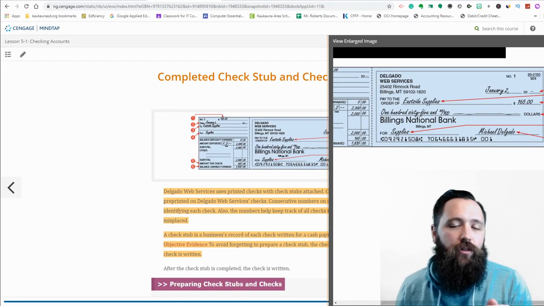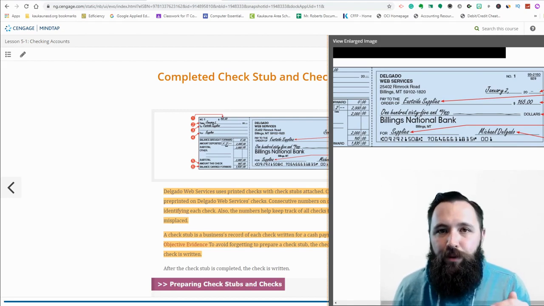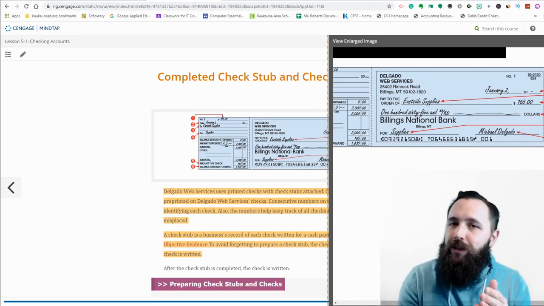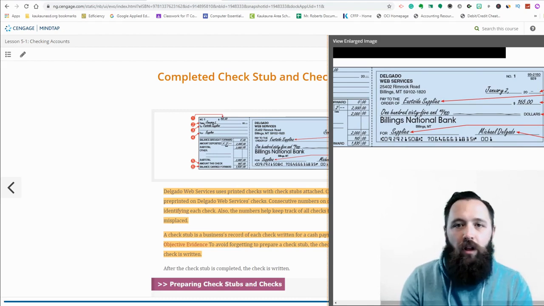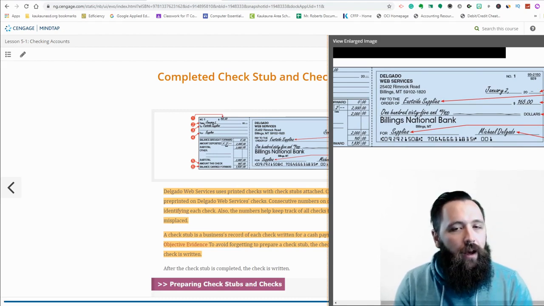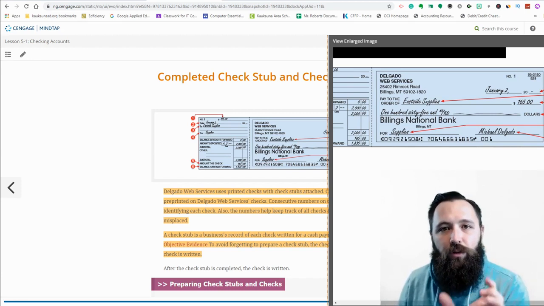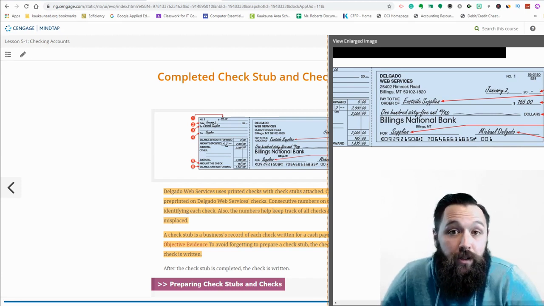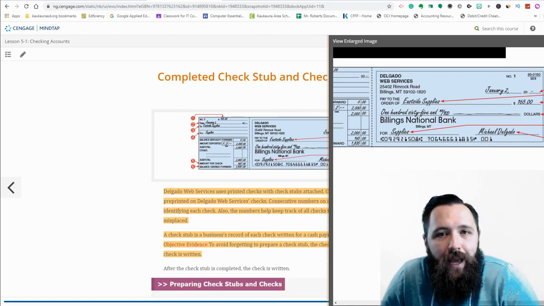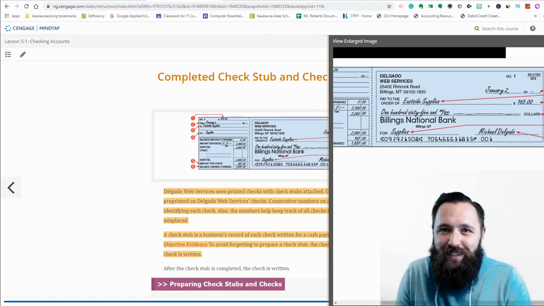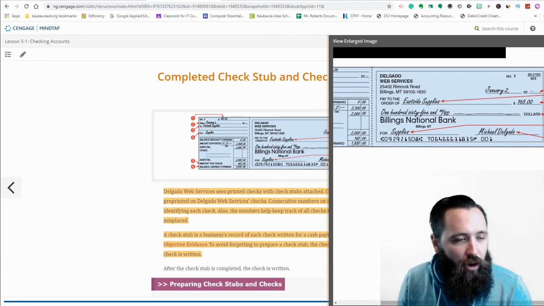We're probably going to have to write it out to Delgado Web Services because we're paying the business, not the individual. Just remember that, okay? So here for Eastside Supplies, we need to write down the actual name of the company because they're going to have a separate company bank account, right? Because they need to be separate. So just a little note there.